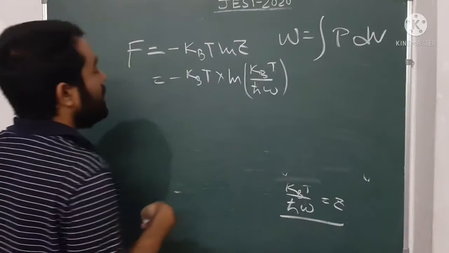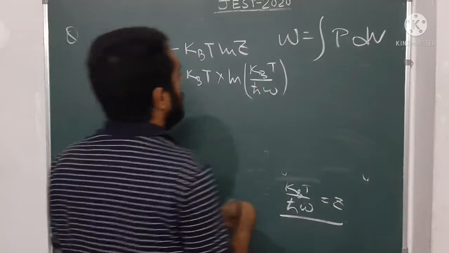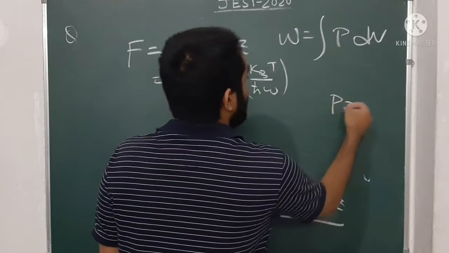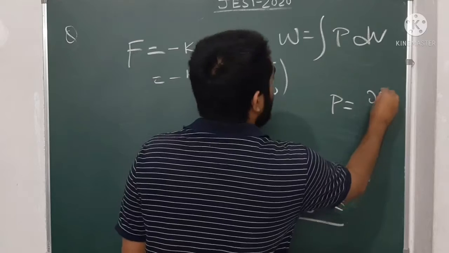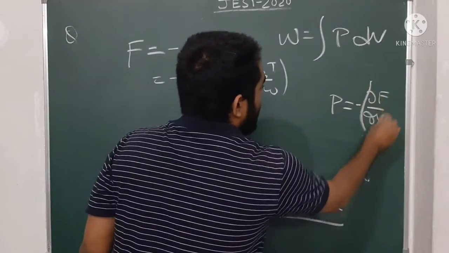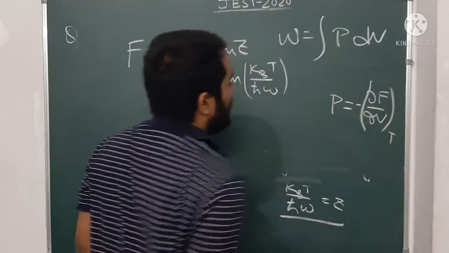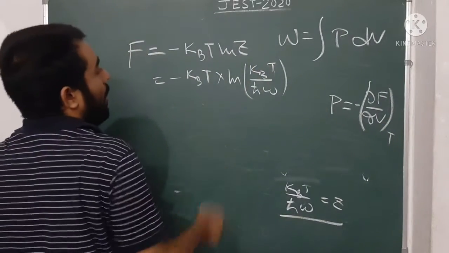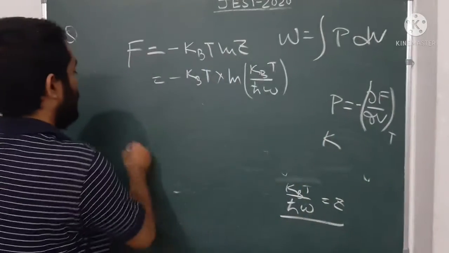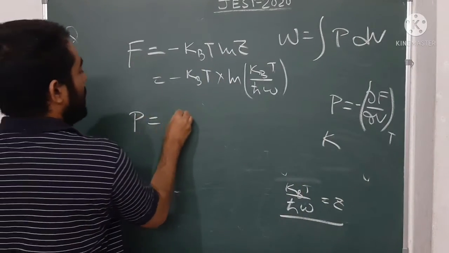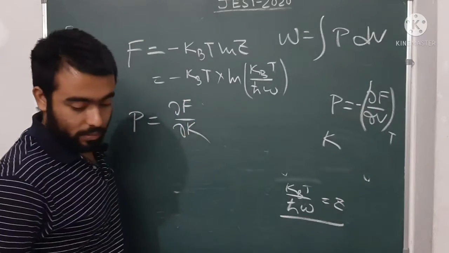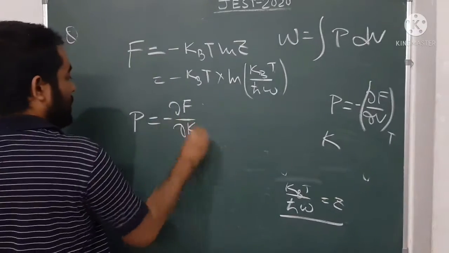So this is the Helmholtz free energy, and you know that we can find pressure from the Helmholtz free energy, that is minus del F del V at constant T. But for a harmonic oscillator, here the parameter is k, so we can find P by minus del F del k. Okay, obviously there is a minus.